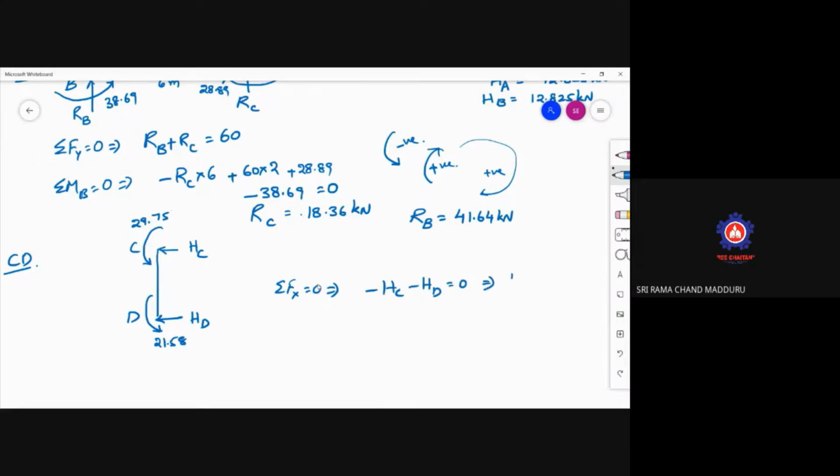That implies HC is equal to minus HD. Taking moment about C is equal to 0, plus HD into 4, the distance is 4 meters, minus 29.75, minus 21.58. Why I am writing negative is that they are anti-clockwise moments, equal to 0.